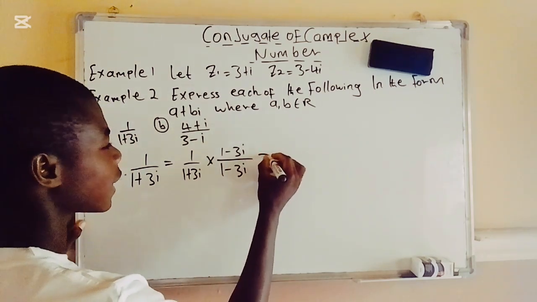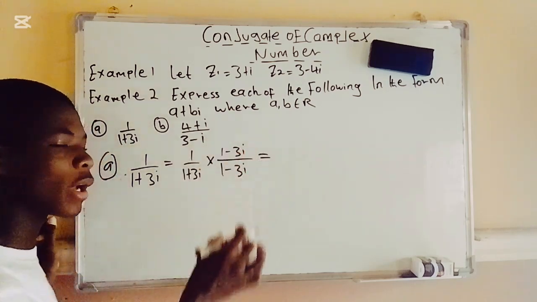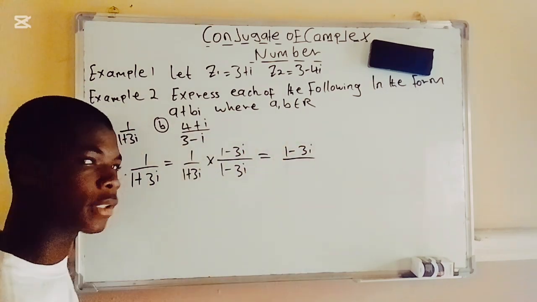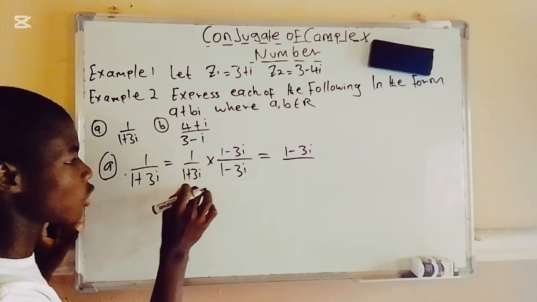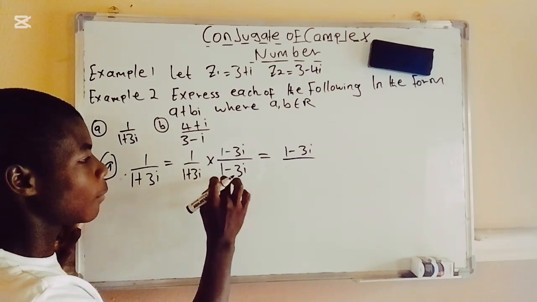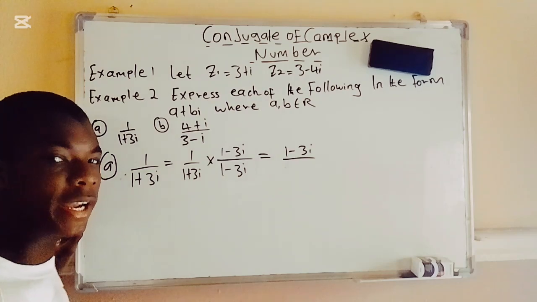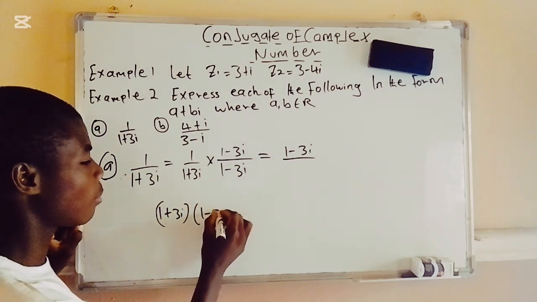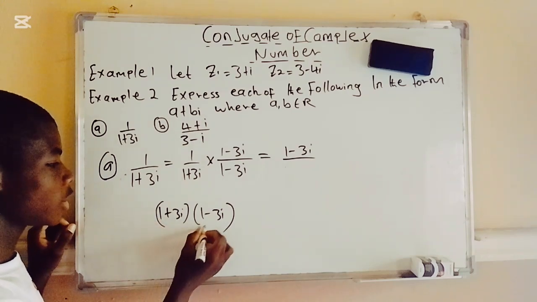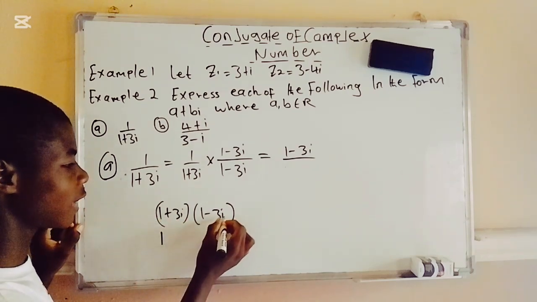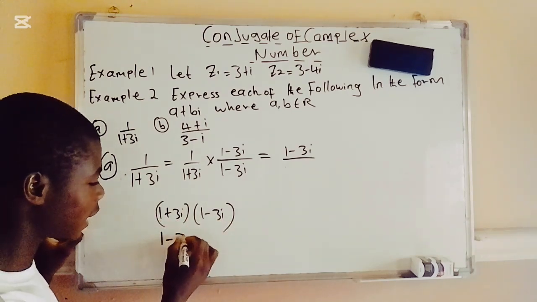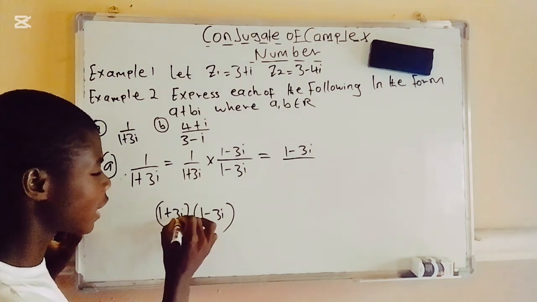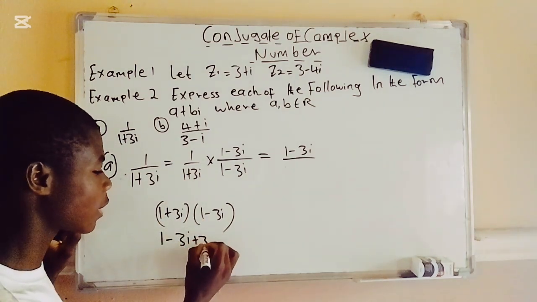So let's simplify. 1 multiplied by 1 minus 3i is 1 minus 3i. And the denominator, 1 plus 3i multiplied by 1 minus 3i: 1 multiplied by 1 is 1. 1 multiplied by negative 3i is negative 3i. 3i multiplied by 1 gives positive 3i.